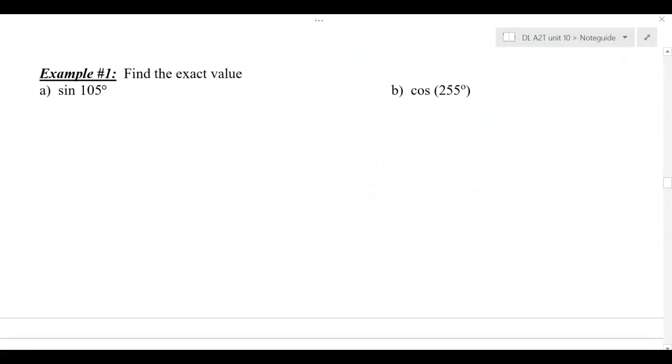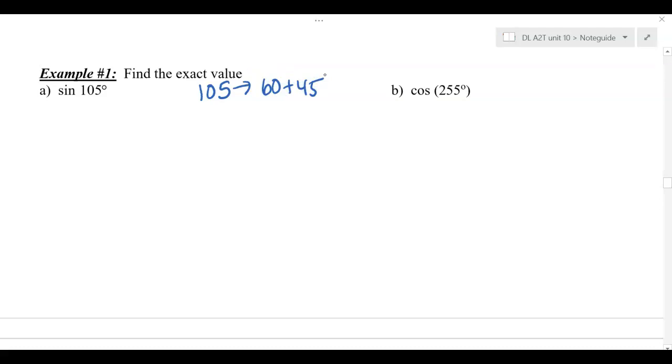So how can this help us figure some things out? Notice example 1 asks me to find the exact value, that means leave radicals and all that stuff, of sine of 105. And 105 is not a special angle. It's not a 30, a 60, a 45. However, there are some ways I can make 105. One way I can make 105 is like 60 plus 45.